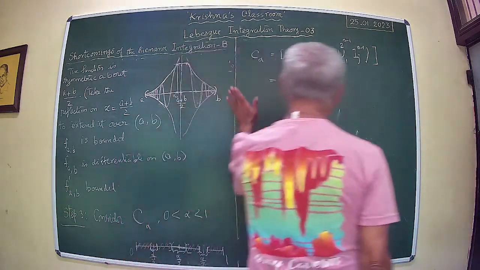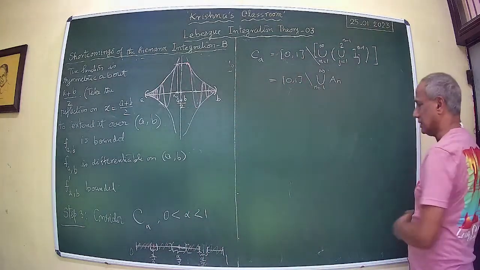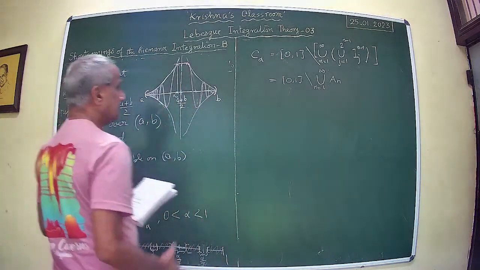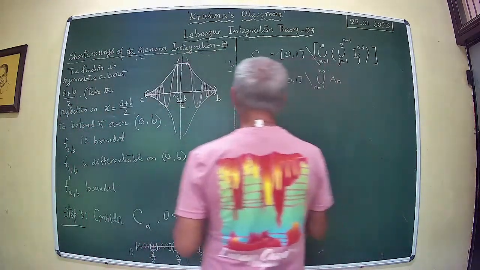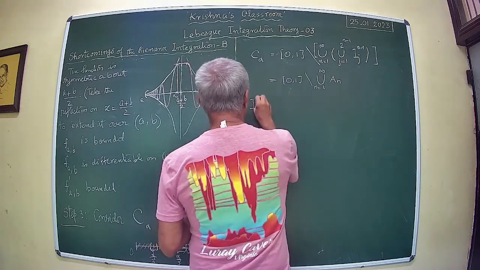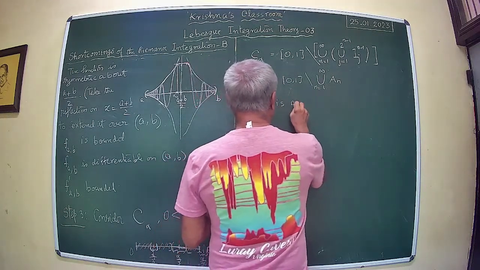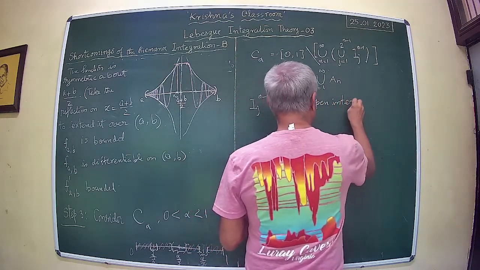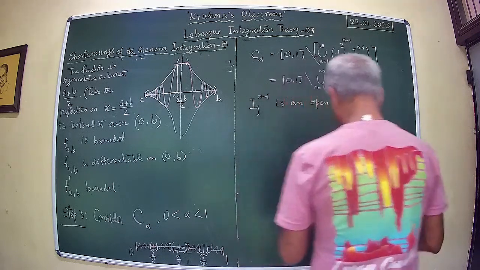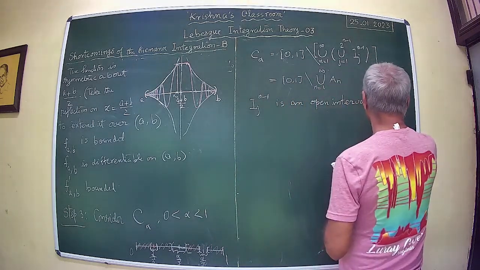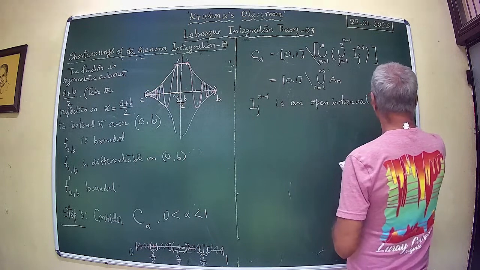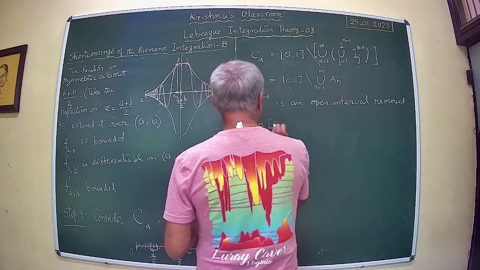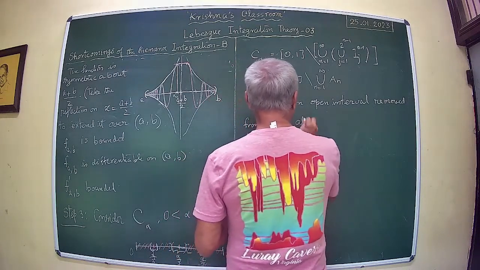Now go to the details of that, which is not very relevant here. What is relevant is that I_j^(n-1) is an open interval removed from 0, 1 at the nth stage.